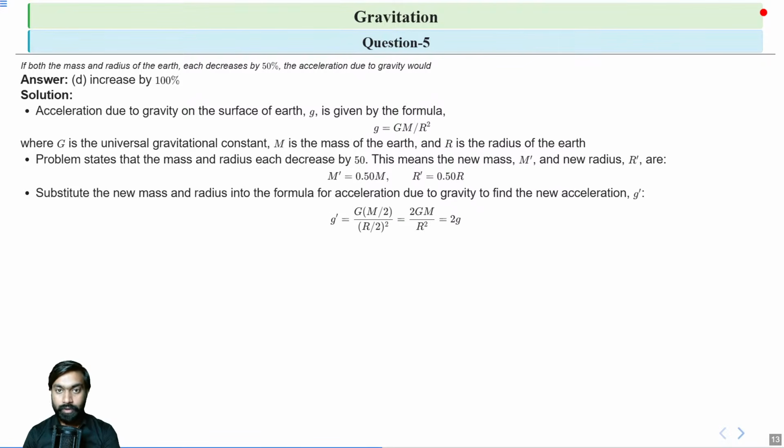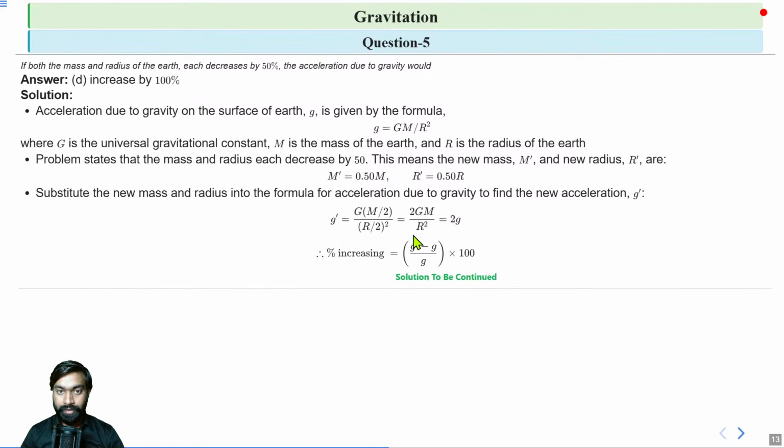So g prime is equal to G into M by 2 divided by R by 2 whole square. When we solve this, we get 2 into G into M divided by R square. Now look at this one, this is the small g. So we can say the new acceleration g prime is equal to 2 into the old acceleration, small g. So g prime equal to 2g.